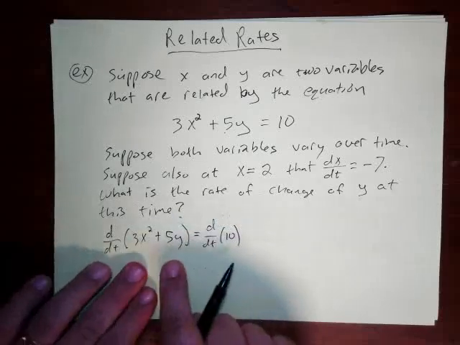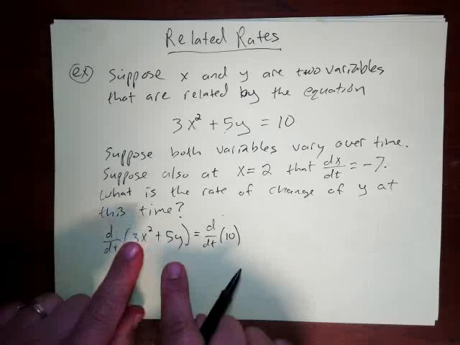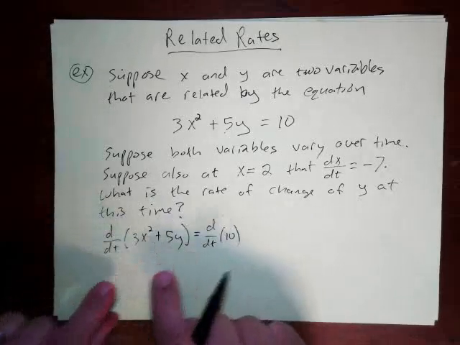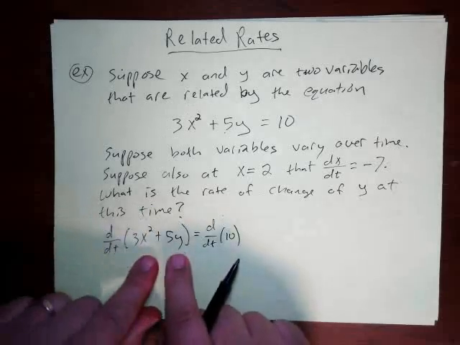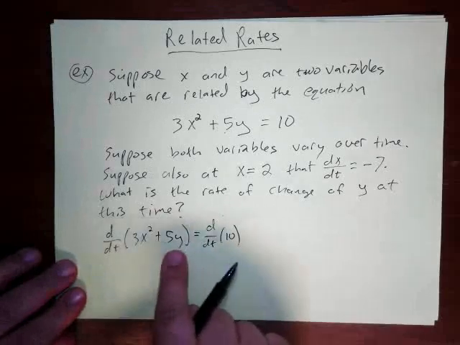So now I'm going to use implicit differentiation, and I have to use implicit differentiation for the x and the y because it's with respect to t. So not just for the y, but for the x and the y with respect to t. So I'm going to take the derivative of both of these terms.